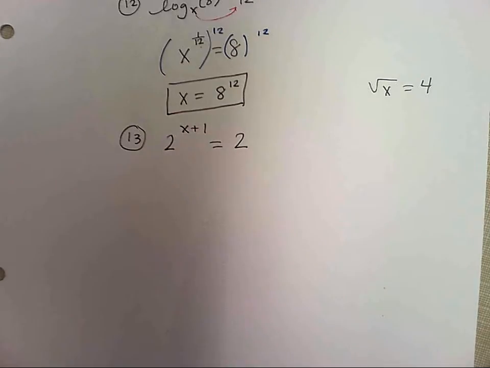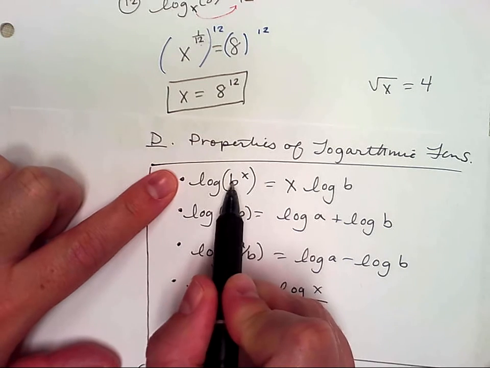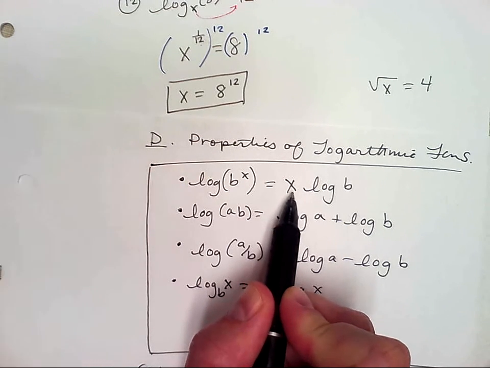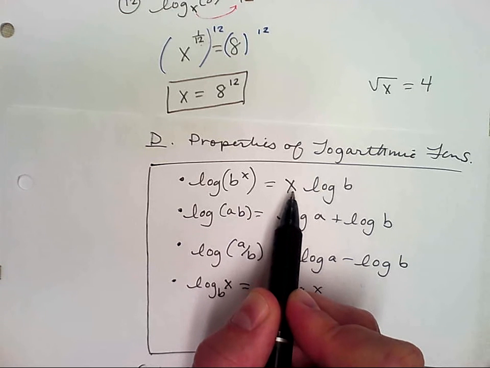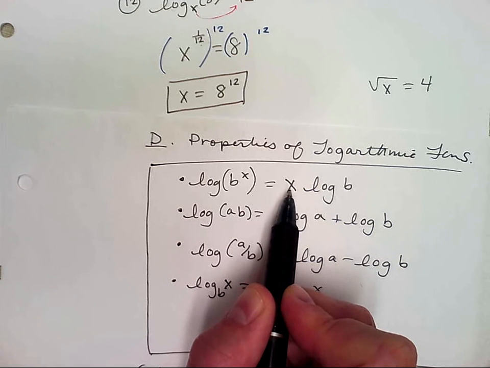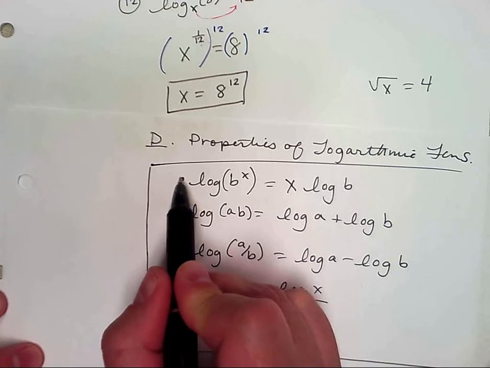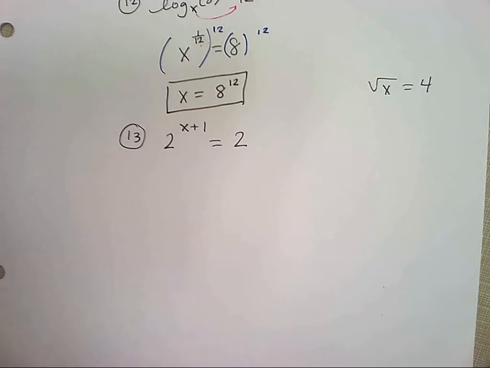Because the logarithm is the way to reverse an exponent. Because if I take the log, then I can use this exponent rule, and I can bring the exponent out in front. So if you ever have your variable in the exponent, you have to take the log. That's how you get the variable out of the exponent. Okay, one more time. If I'm ever solving something and my variable is in my exponent, I have to take the log so that I can use this rule right here. It's the only way to get the variable out of the exponent.